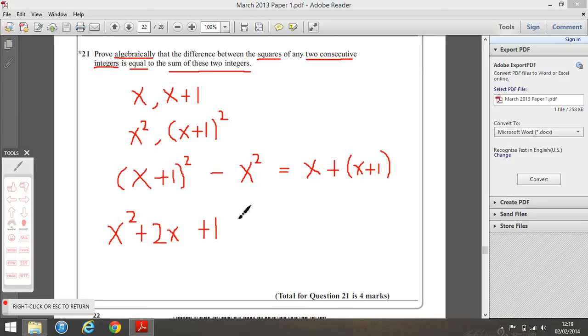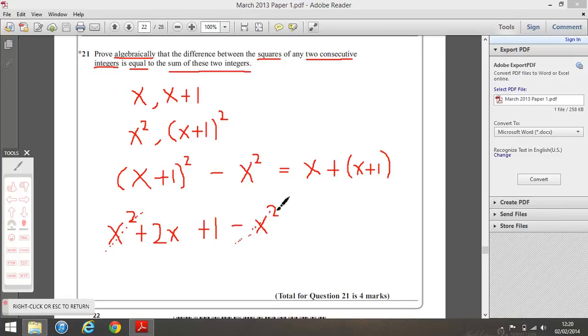And of course we've got that minus x squared at the end. Okay, so what this equals is this. So we have an x squared there, and we have a minus x squared there. So what happens is these two will cancel out. These two will disappear, the positive x squared and a minus x squared.